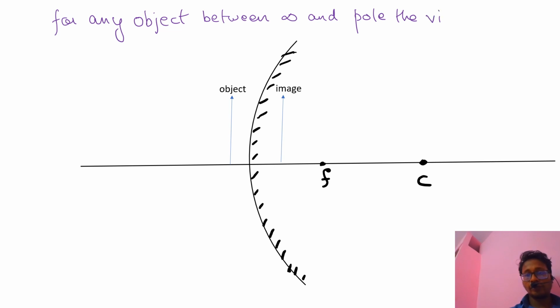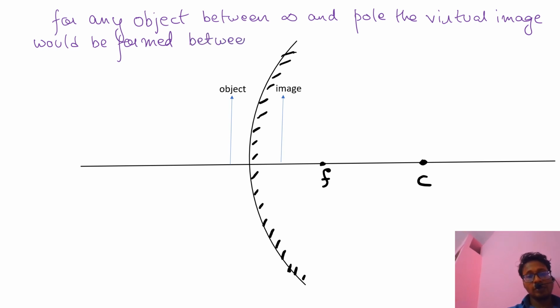The virtual image would be formed between focus and pole. Okay. Now one more note to write out here.